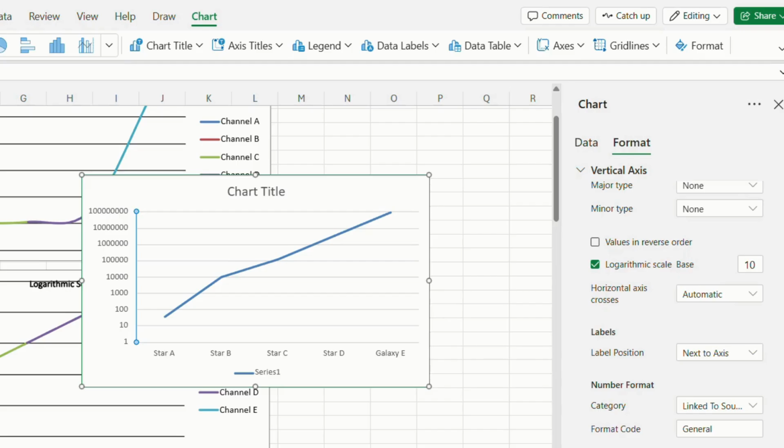So always remember, when your data contains values that differ by thousands, millions, or even billions, the log scale can help reveal patterns that a normal chart might hide.